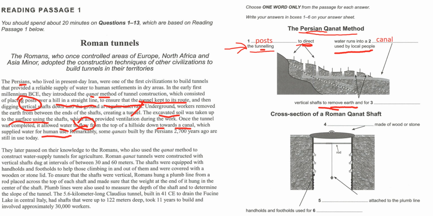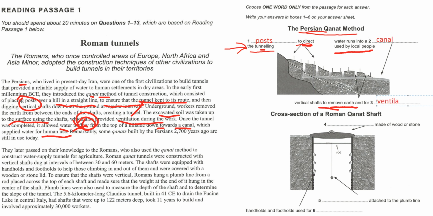So it was taken up to the surface using the shafts which are here, I can't read this word, sorry about that. So which provided ventilation during the work. Okay, which also provided ventilation during the work. So not only were these shafts used to remove the soil and so on, they were also used for ventilation. Now, look at this picture actually. Ventilation in Arabic means tahwiya.